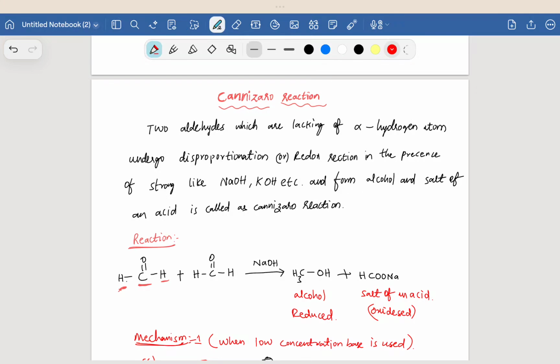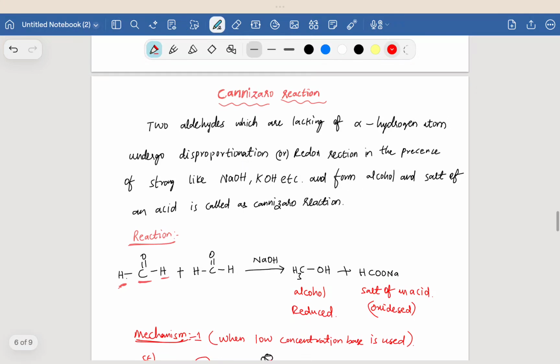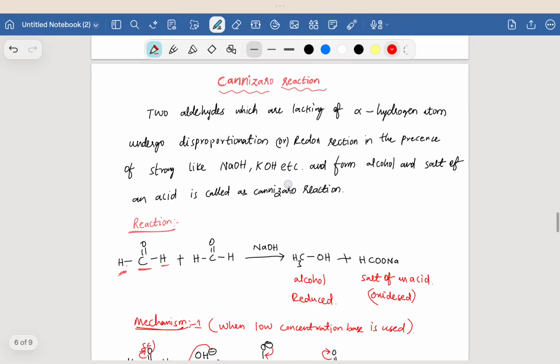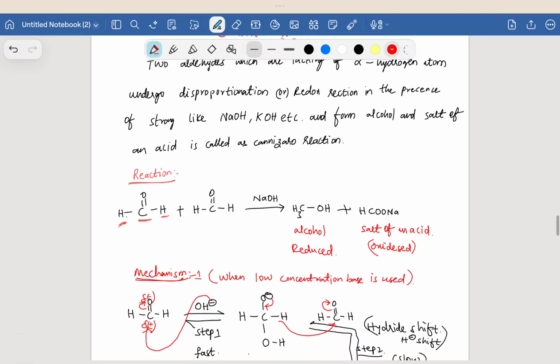So two aldehydes which are not having alpha hydrogen atoms undergo disproportionation, which means a redox reaction, which means one is oxidizing and another one is reducing, in the presence of a strong base like NaOH. Here I forgot to write strong base, it is a strong base like NaOH, KOH, etc., and forms alcohol and the salt of an acid. This is called the Cannizzaro reaction. That is all about the Cannizzaro reaction.